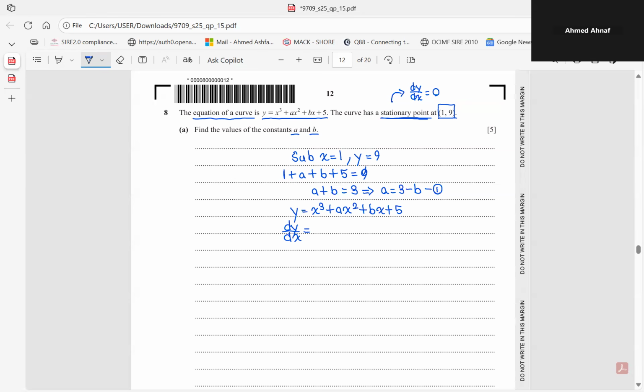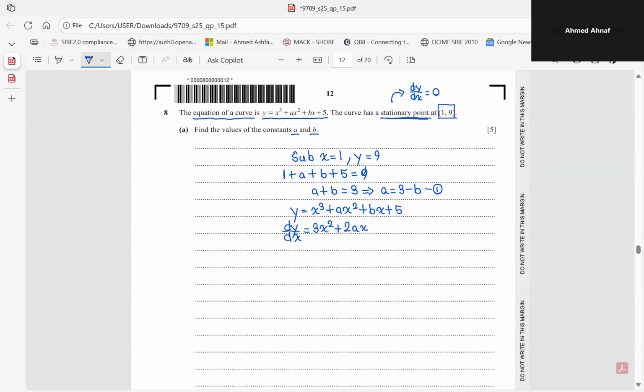So differentiating x cubed, you take the whole power 3 multiplied, and then you minus 1 from the whole power, so you get 3x squared. Same for ax squared. So ignore the constant term and just differentiate x squared. So you take the old power multiplied by a, and then minus 1 from the whole power, so you get power 1.